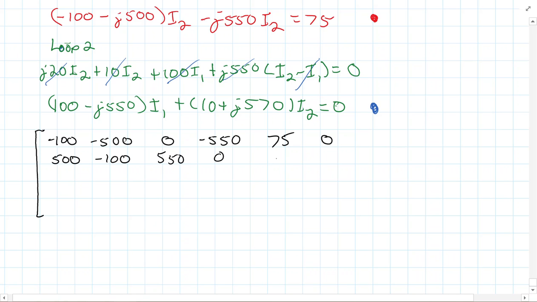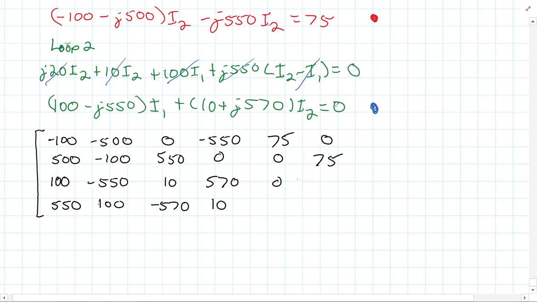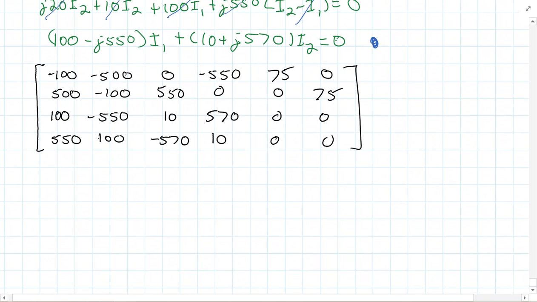And this would be 0, 0, 75. Alright, then let's do the second equation. So we have 100 minus 550, 550, 100, 10, 570, minus 570, 10, and then a bunch of zeros. So I'm going to go ahead and solve this on my calculator here.